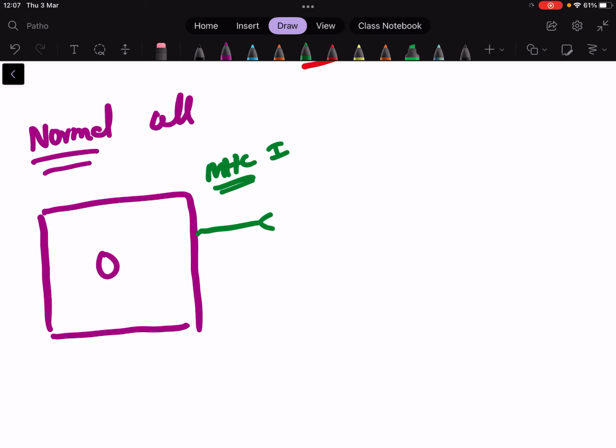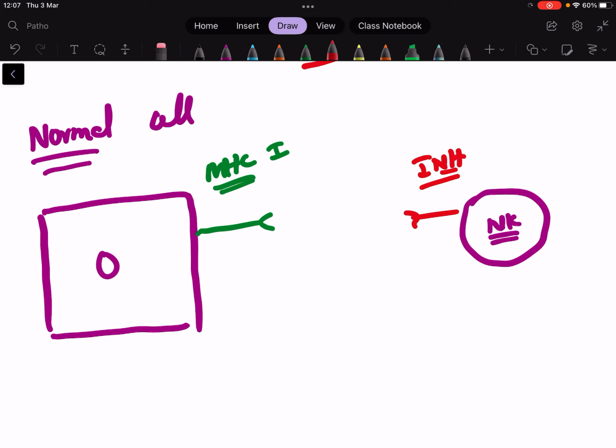So suppose here is a natural killer cell, and this natural killer cell has an inhibiting receptor, right? First we will talk about the inhibiting receptor. This is an inhibiting receptor.